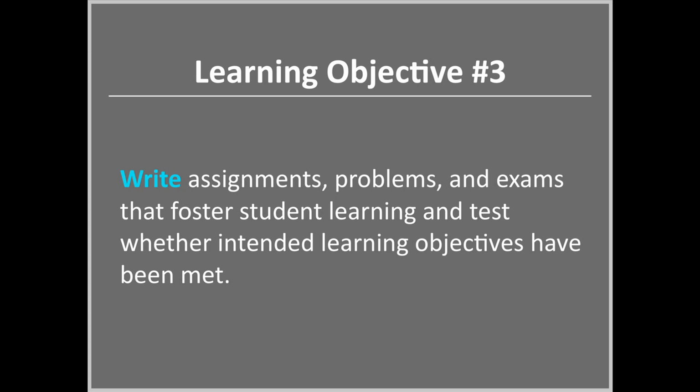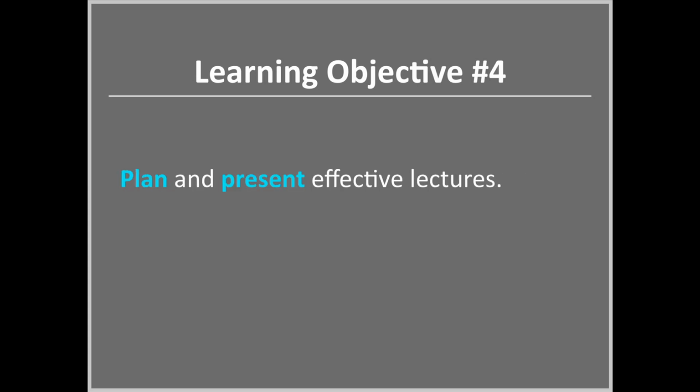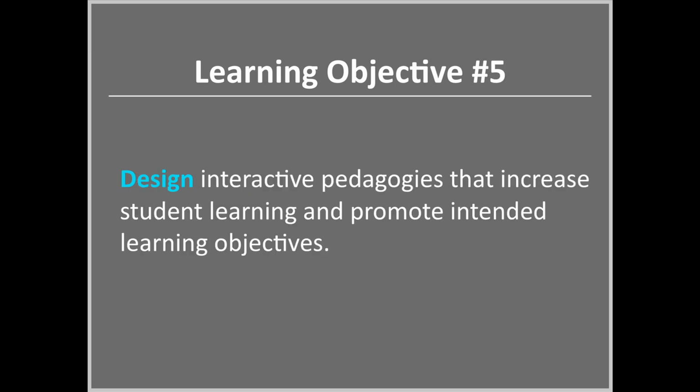Write assignments, problems, and exams that really foster student learning and test whether learning objectives have been met. 4. Plan and present effective lectures. And 5. Design interactive pedagogies that increase student learning and promote intended learning objectives.